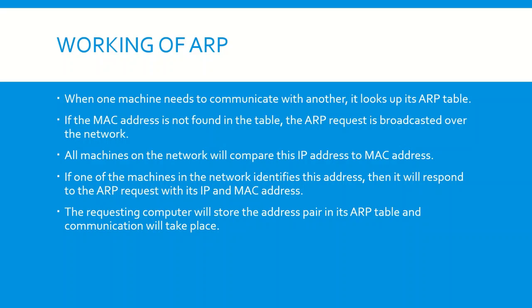The device having that IP address responds, saying my MAC address is this, and it will broadcast to all the devices. So it gets the information about the MAC address of a particular IP address. That's how the whole table gets filled. So that's the working of ARP.